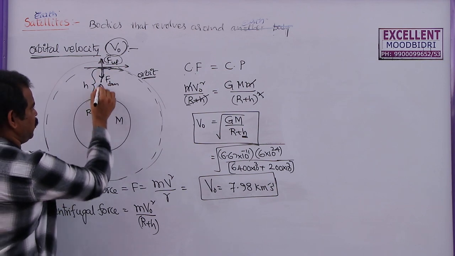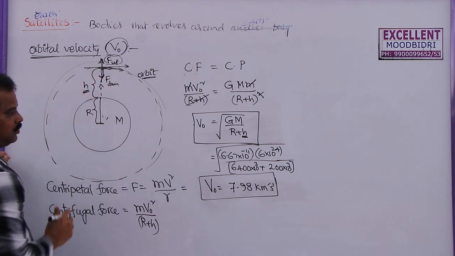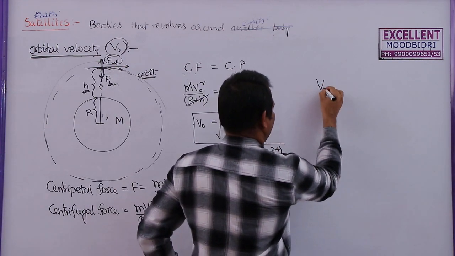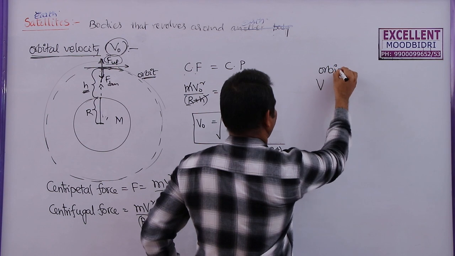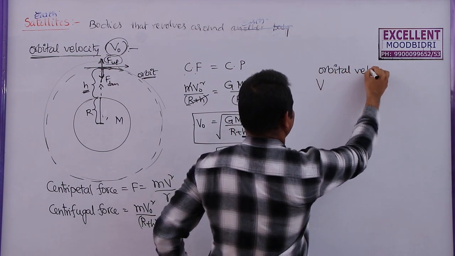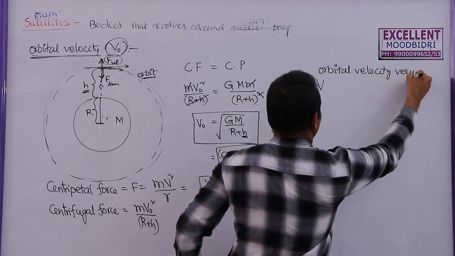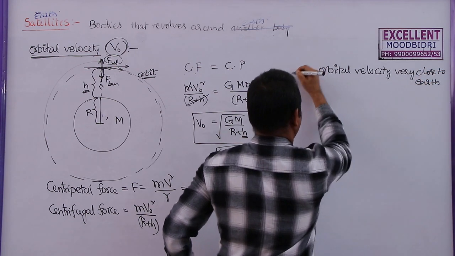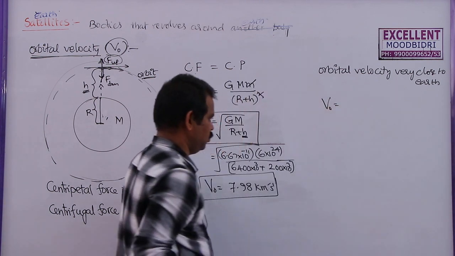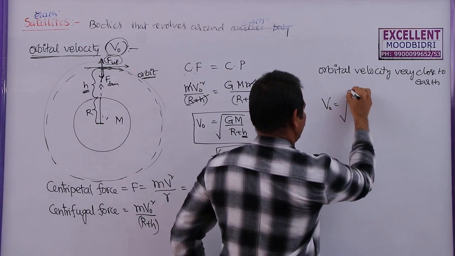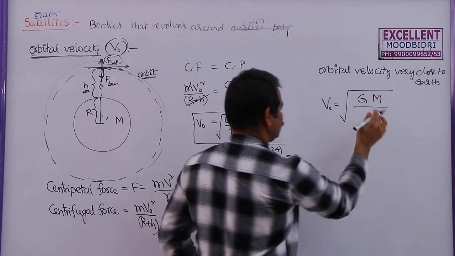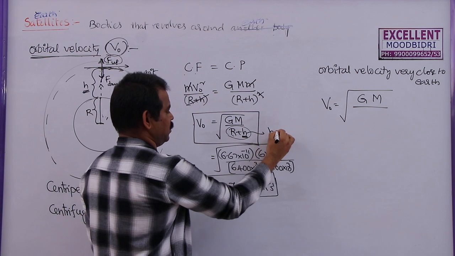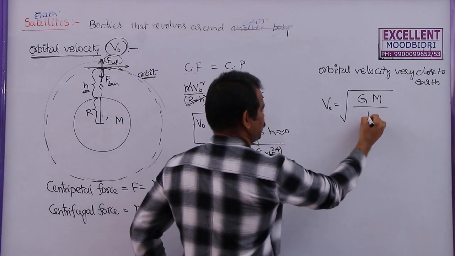If the height above the surface of earth h is very small, then how can this formula be changed? So orbital velocity very close to earth surface is given by v naught is equal to root over GM. These two will not change, but the denominator r plus h, when h is very small, nearly equal to 0, this will become r.